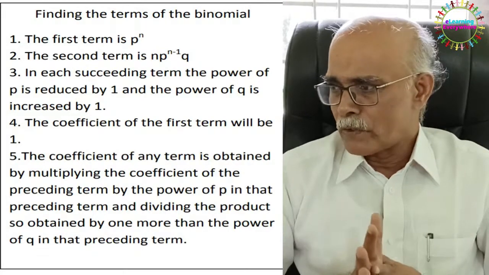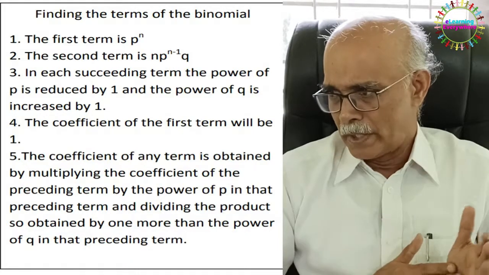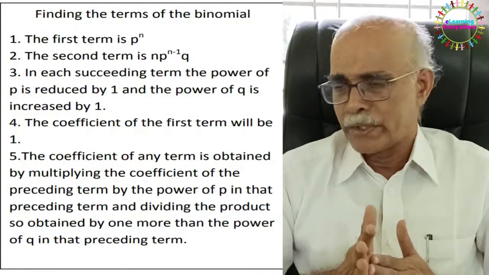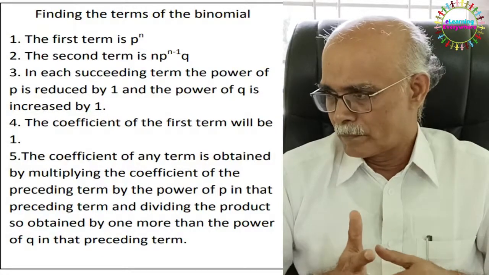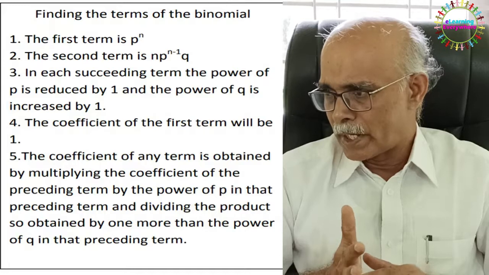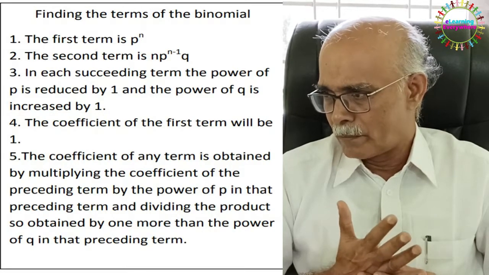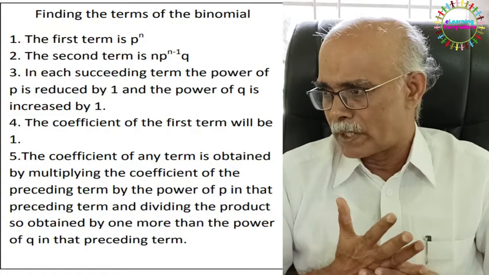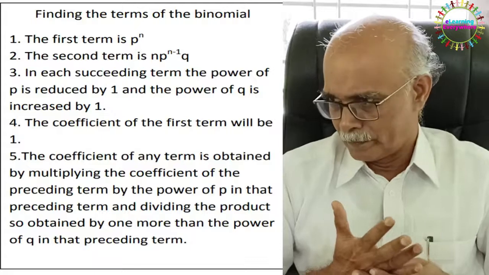The coefficient of the first term will be 1, and the coefficient of any term is obtained by multiplying the coefficient of the preceding term by the power of p in that preceding term and dividing the product so obtained by 1 more than the power of q in that preceding term.